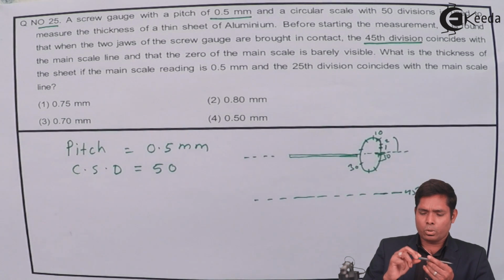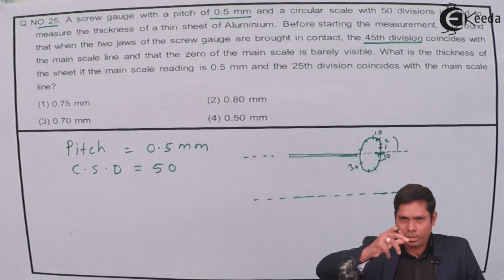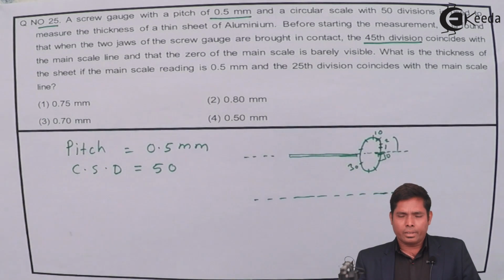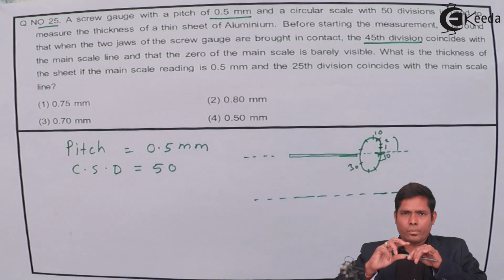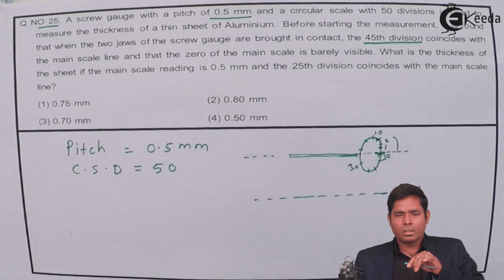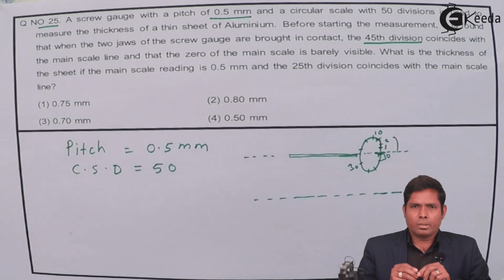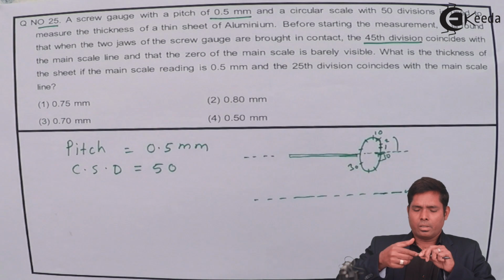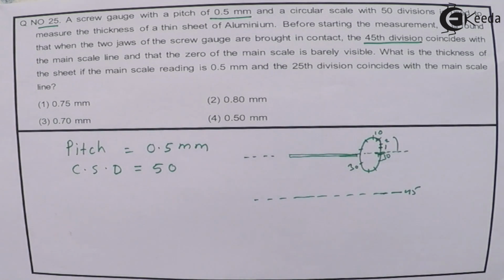That means the screw has already turned by 5 divisions, because starting from 0, 45 is 5 divisions short of 50.